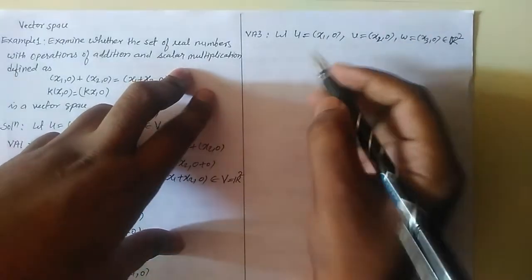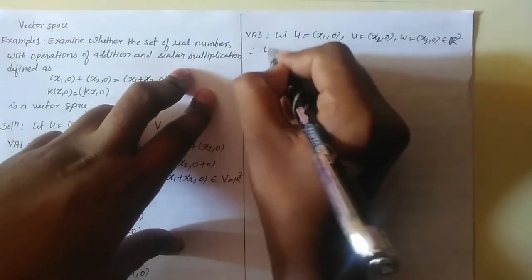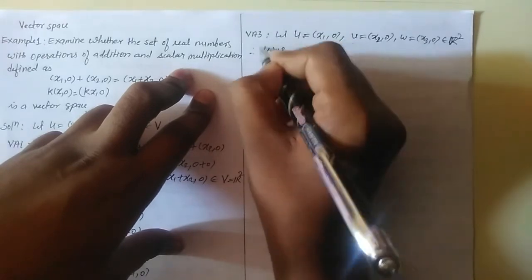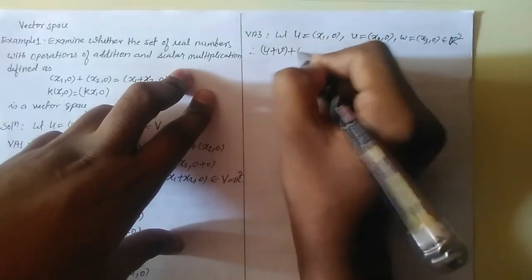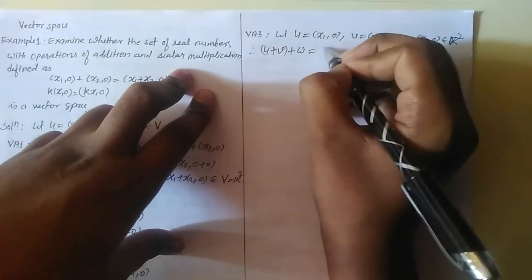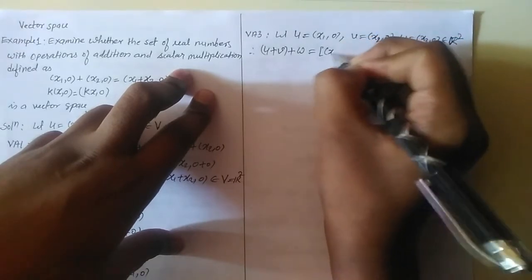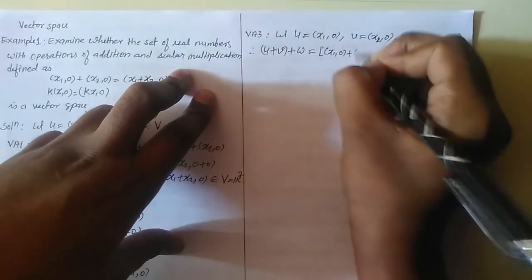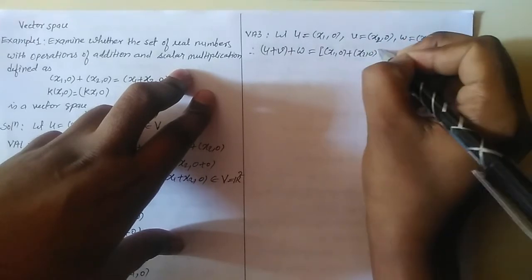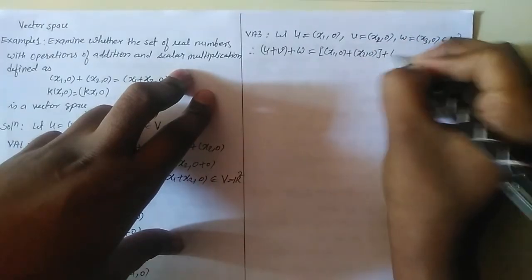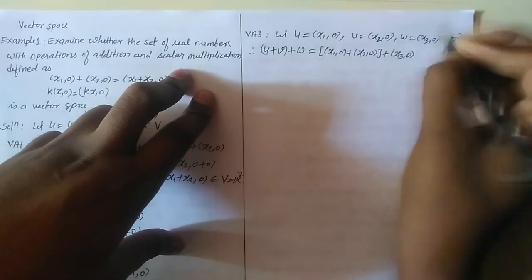Then (u + v) + w = ((x1, 0) + (x2, 0)) + (x3, 0) = (x1 + x2, 0 + 0) + (x3, 0) = (x1 + x2 + x3, 0 + 0), that is (x1 + x2 + x3, 0).